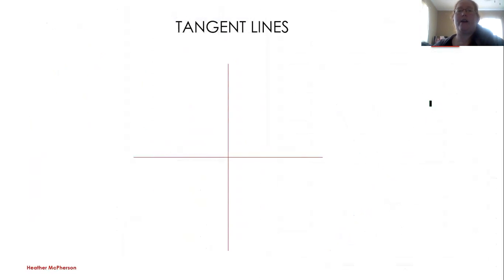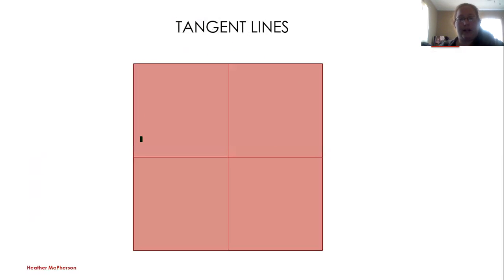All right, now we're working with tangent lines. Here I just have pretty much a graph. We have the y-axis and the x-axis right here. And what I'm going to do is draw a perfect square that has the same length and height. Now the problem is a circle with a radius of 9.